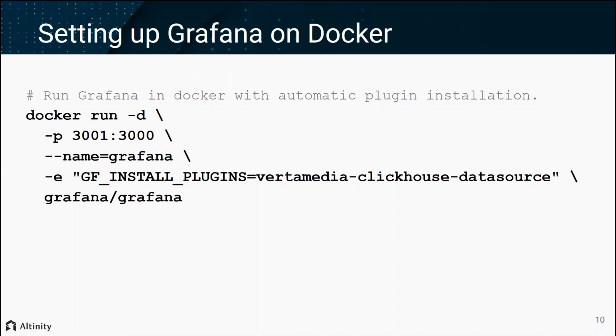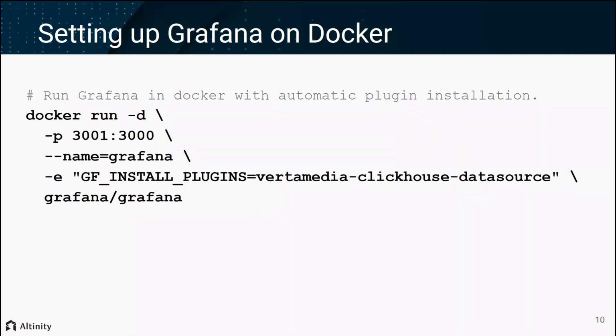So this command that we show you right here is actually going to pull down Grafana, get the latest version. It's going to automatically install this Vertimedia ClickHouse data source. That's the ClickHouse Grafana plugin, and it'll pop it up, and then you can basically start talking to it.